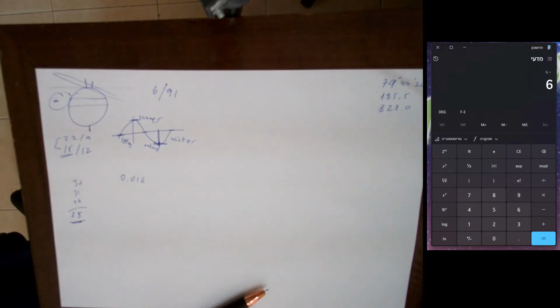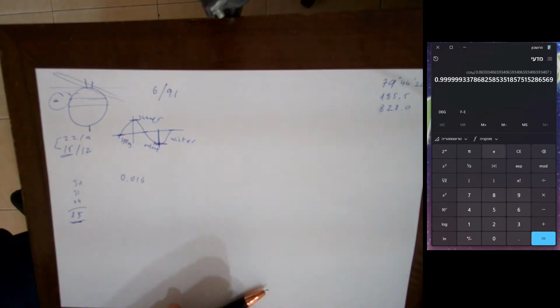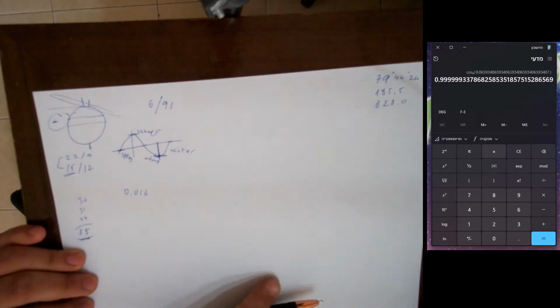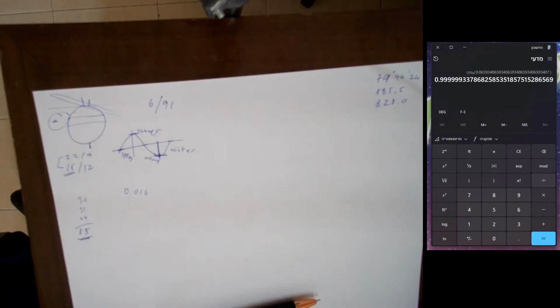So 6 over 91 and the cosine of that, and it is 0.9. Okay, no, I don't want that number. I will multiply it by 23.5, which is the degrees the sun goes. So I want to know how many degrees the sun is off from the equator, and the sun is like 23.5 degrees.